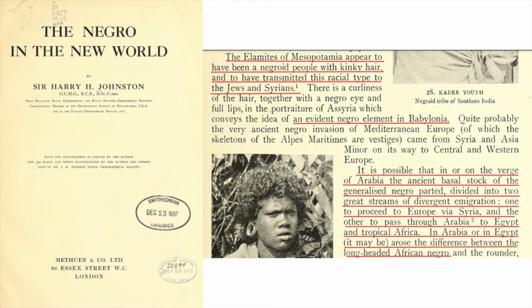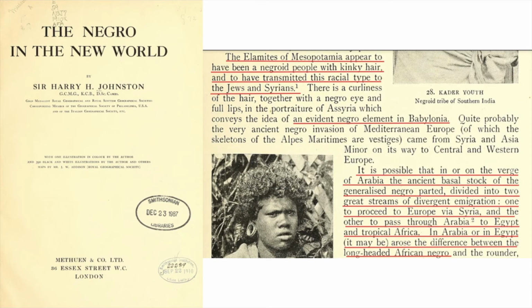In Arabia or in Egypt, it may be, arose the difference between the long-headed African Negro." But the main thing to get out of this is the fact that the Elamites of Mesopotamia looked like a Negroid people and had kinky hair, and there was a Negro element in Babylonia.